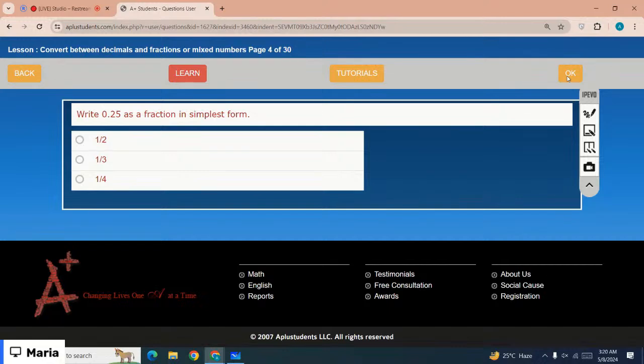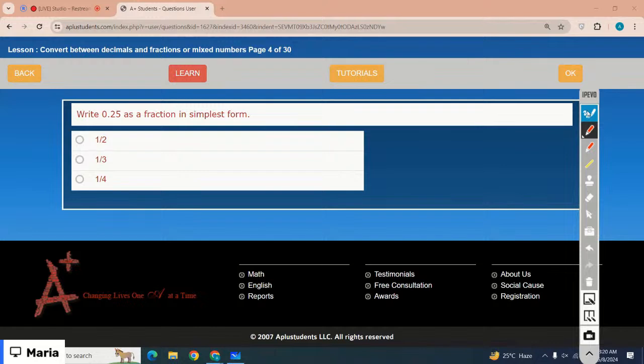Write 0.25 as a fraction in simplest form, which is the correct option? Just remove the decimal point, right?